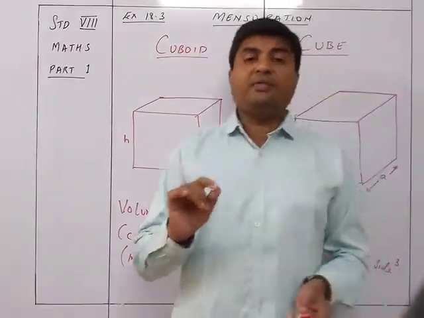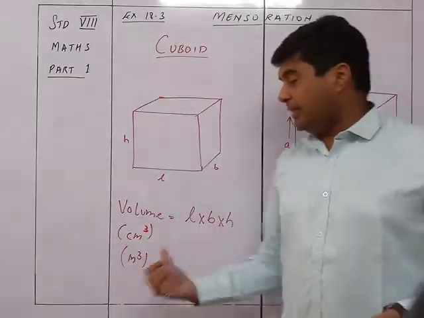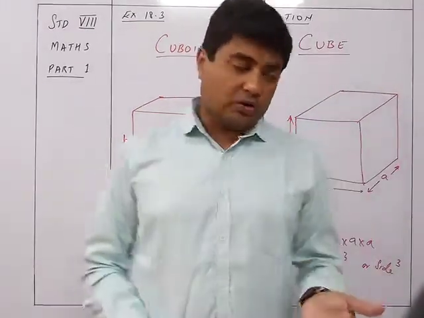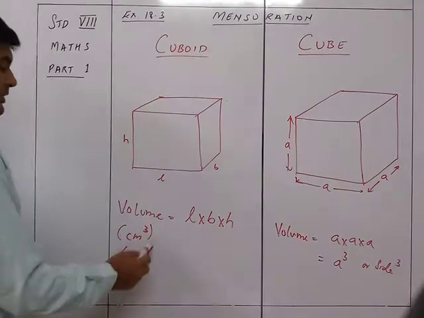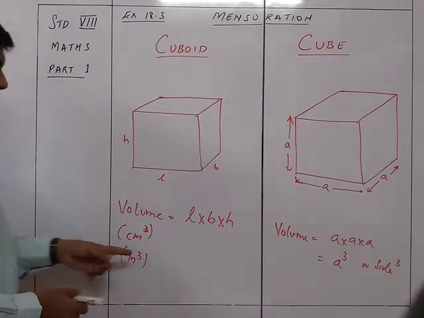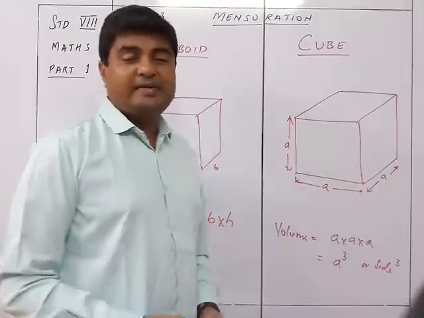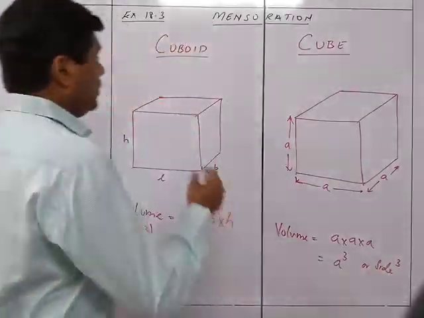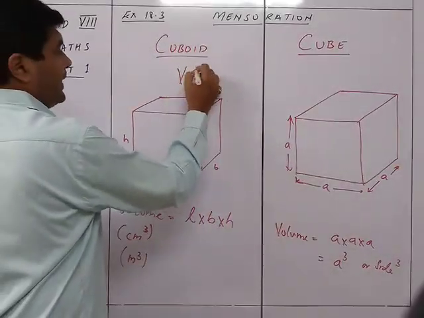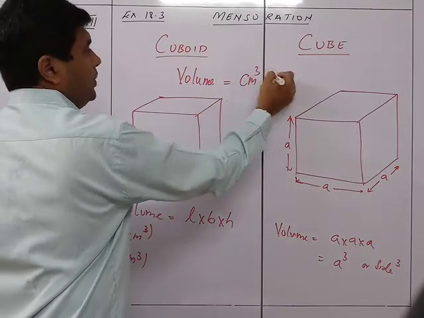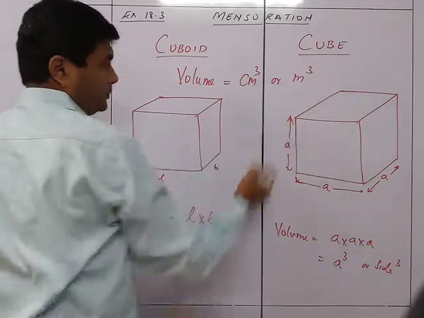Only if they are in the same units can you calculate the volume. If they are not in the same units, your answer will go wrong. That's why the units of volume are centimeter cube or meter cube. Same for the cube also, it will be centimeter cube or meter cube.